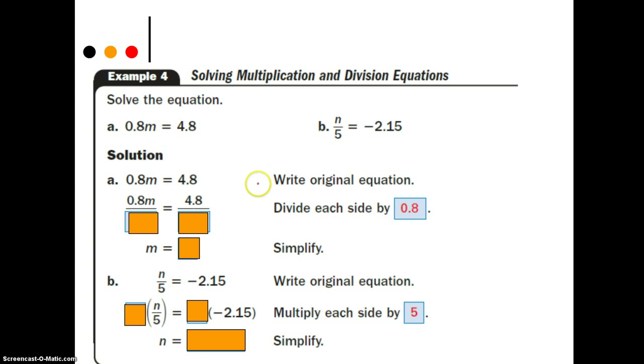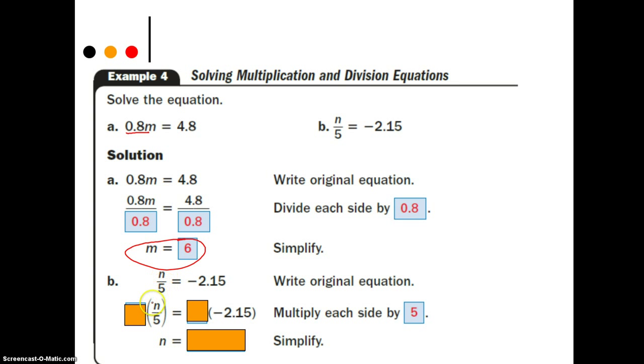For example 4, with solving multiplication and division, same thing you have been doing except with decimals. Divide by 8/10 to both sides. 48 divided by 8 is 6. You have decimal points, but because the decimal points are in the same spot, they actually cancel each other out. You're left with 6.